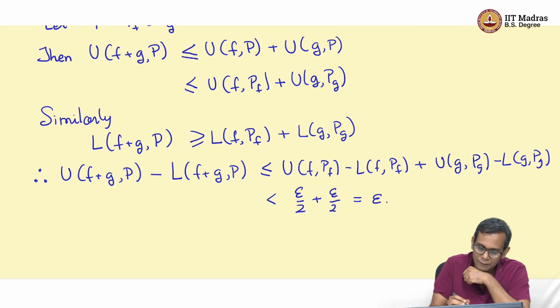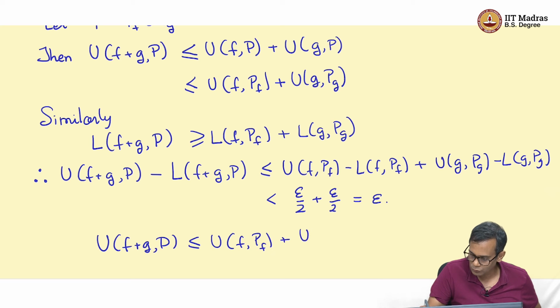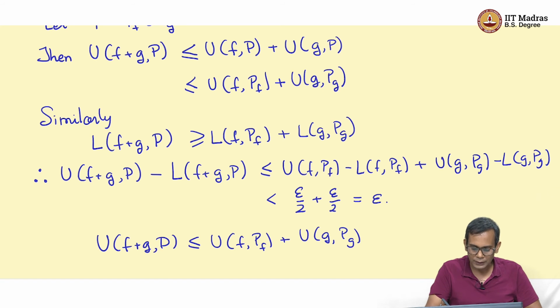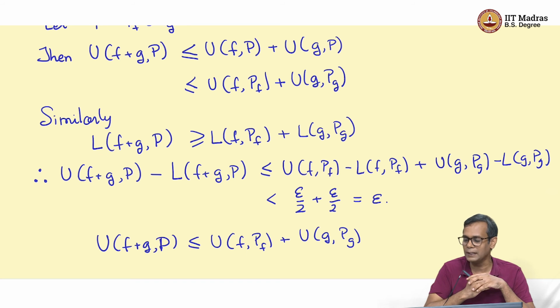You see, when I proved this inequality, U of f plus g comma P is less than or equal to U of f comma Pf plus U of g comma Pg, I did not use any special properties of the partitions Pf or Pg. I did not use the fact that U of f comma Pf minus L of f comma Pf is less than epsilon by 2 or anything like that.